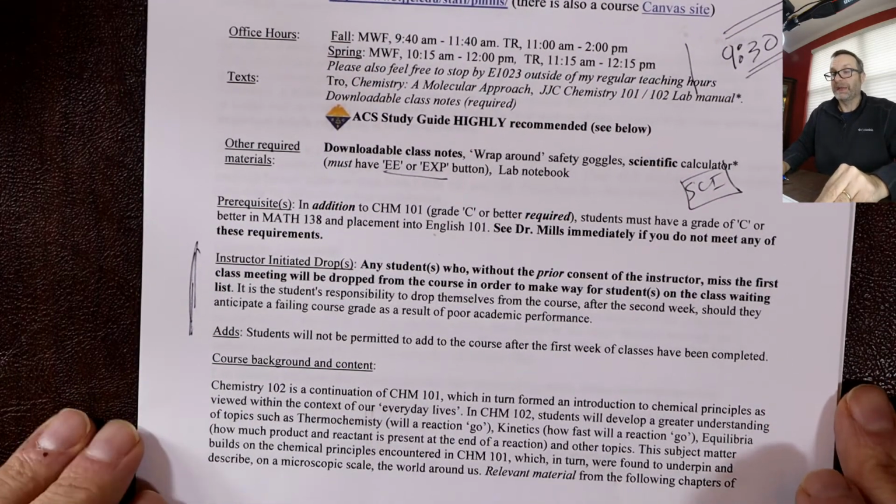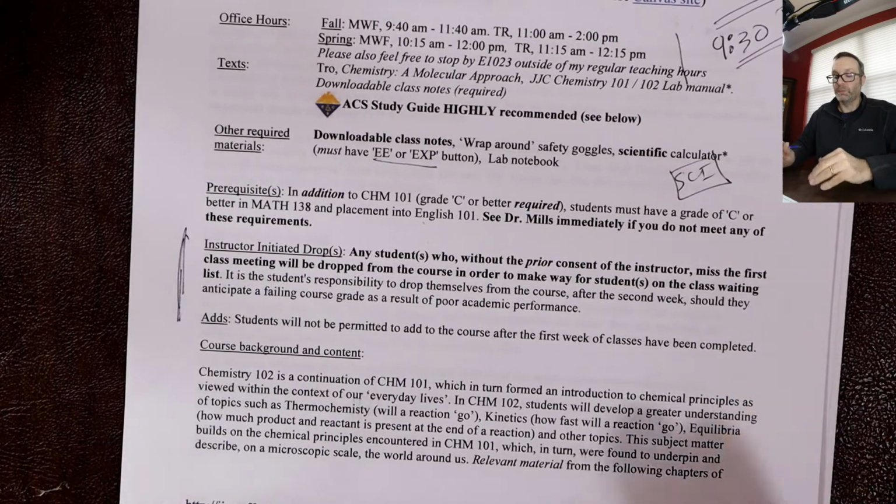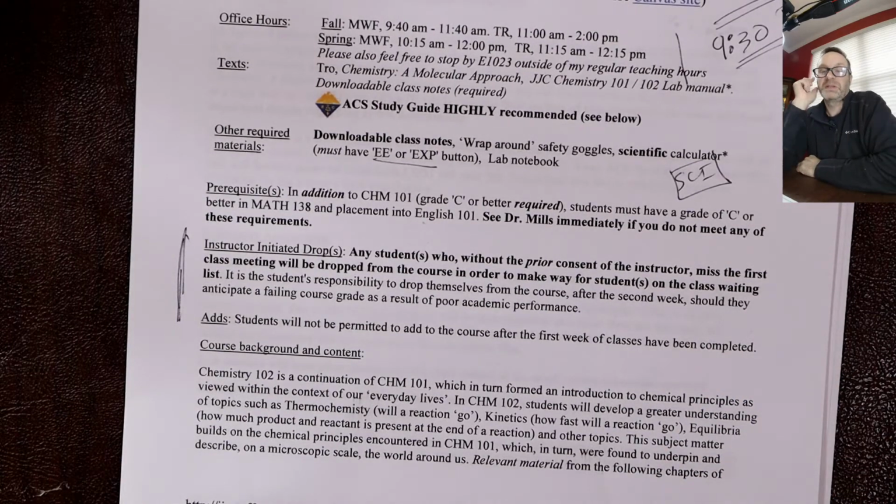So background content. It's kind of interesting because in Chemistry 101 we learned the basics. We learned how to balance equations, grams to moles, things like that. Those are everyday tools in chemistry, okay? And then we build on those and we look at, I'm going to paraphrase here, simple questions like, will the reaction go, yes or no? That's basically thermodynamics.